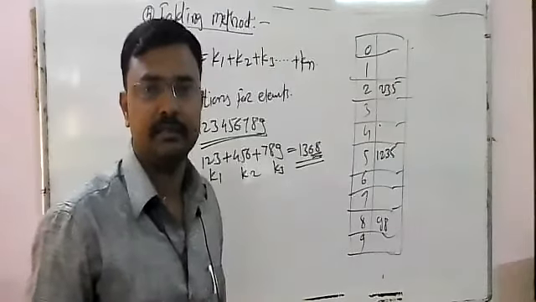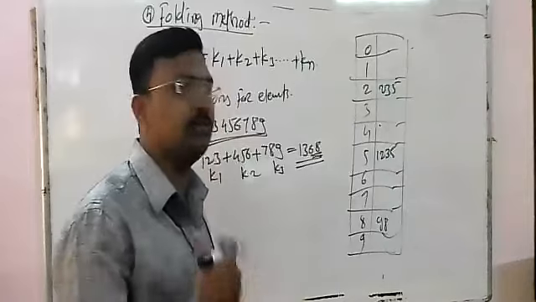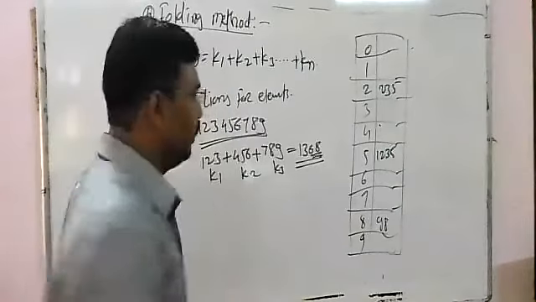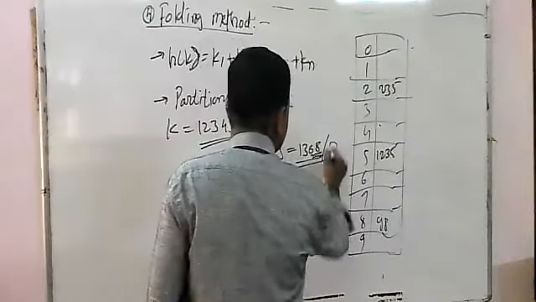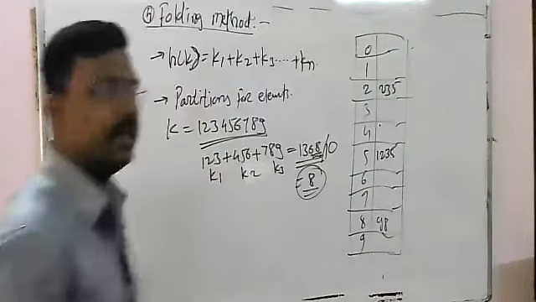If you want to use the modulus or modulo division method, then you just take the modulus of this, which is equal to 8. This value will be stored at the 8th position.